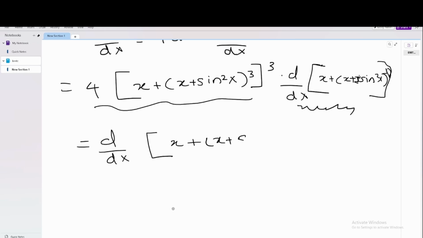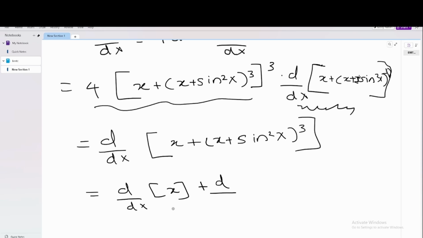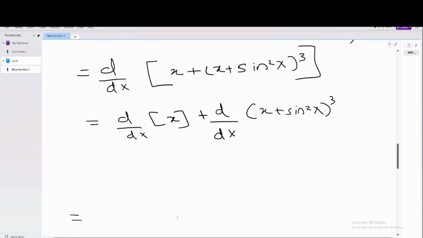Now we can rewrite this again: d by dx of x is equal to 1, and again we use chain rule.